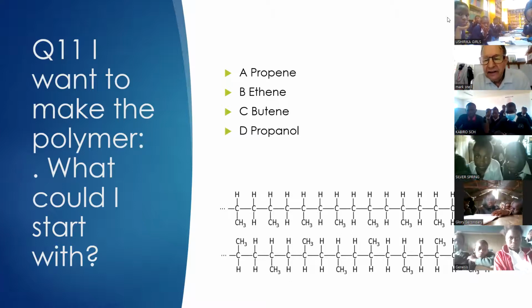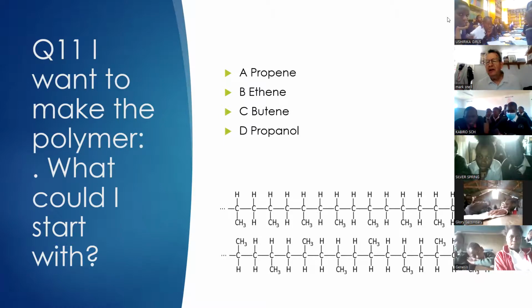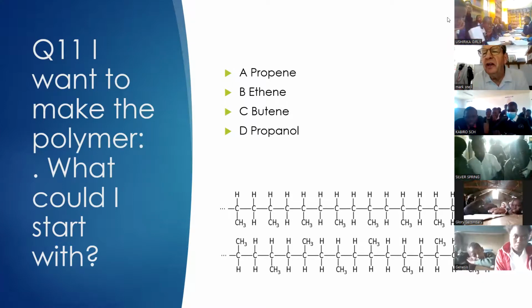Well, it's an addition polymer. It doesn't tell you that, but it is an addition polymer. Is it 3 carbons, 2 carbons, 4 carbons, or an alkanol? Look at it and try and see what the repeating unit is. How many carbons are in the repeating unit?